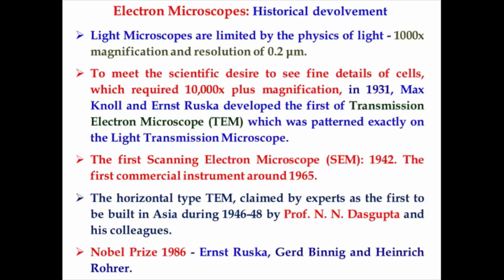And then in 1986, finally, the Nobel Prize was given half to Ernst Ruska for development of electron microscopy and half to Gerd Binning and Heinrich Rohrer for their invention of STM and AFM.